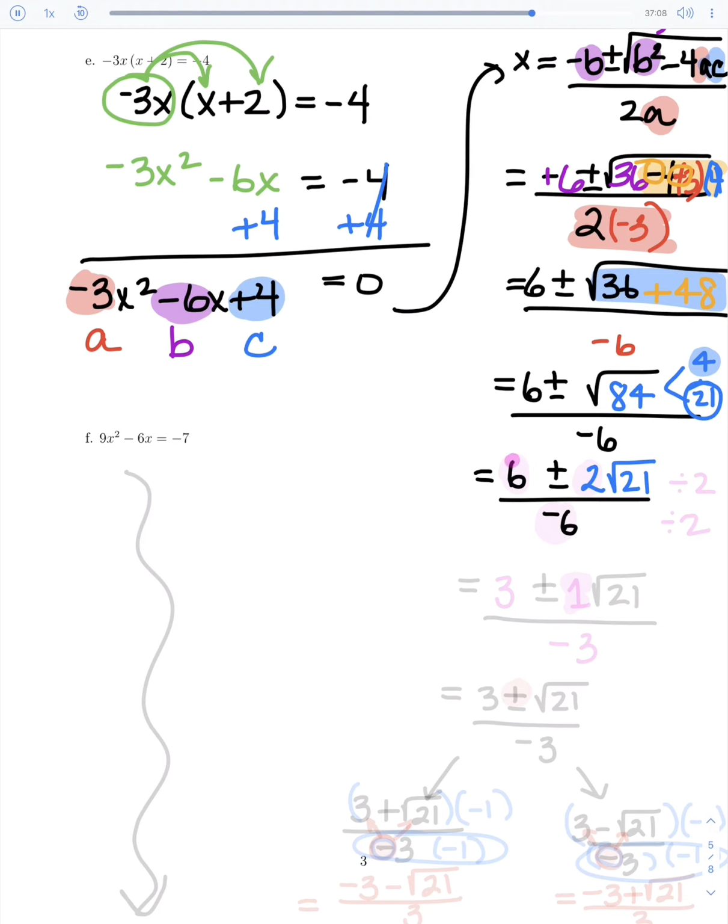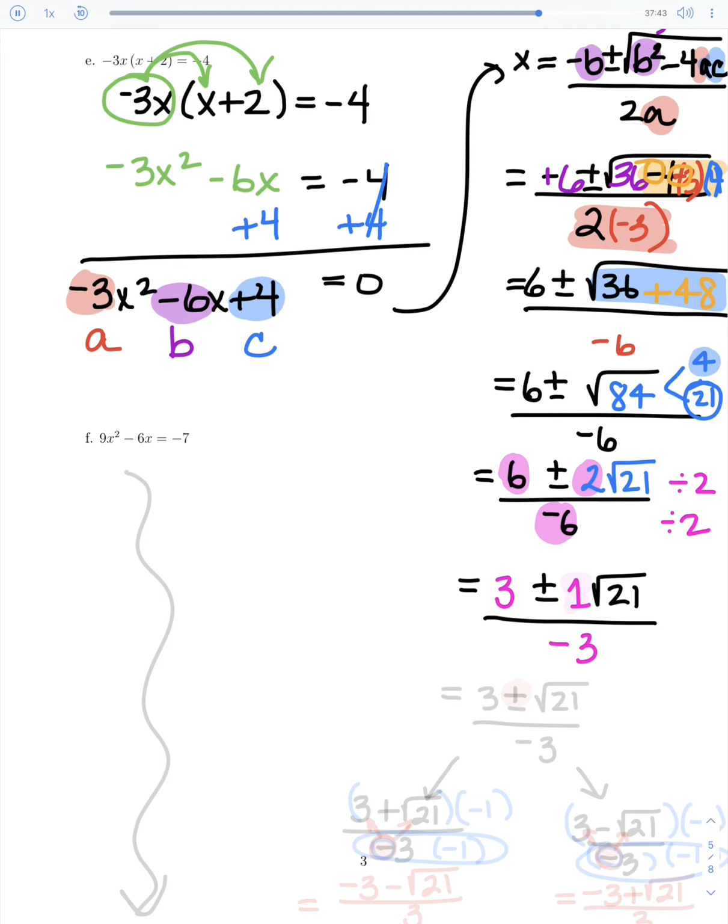Now, just like all of our other problems, we've got a 6, a 2, and a negative 6. Those are all divisible by 2. So let's reduce everything by a factor of 2. That will get me a 3 plus or minus 1 square root of 21 all over, again, 2 goes into negative 6 as negative 3.